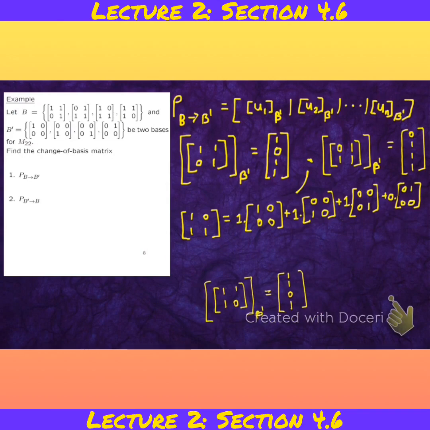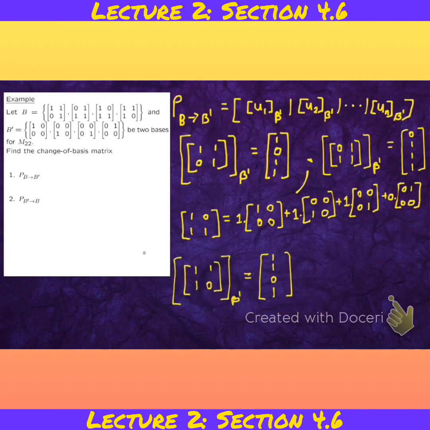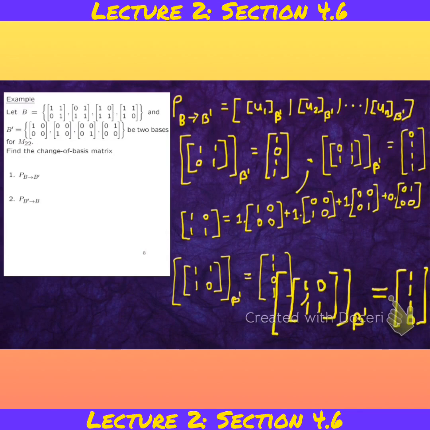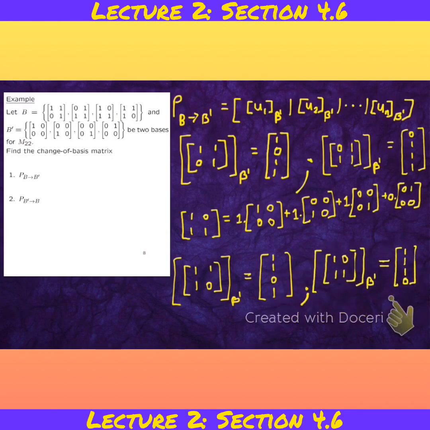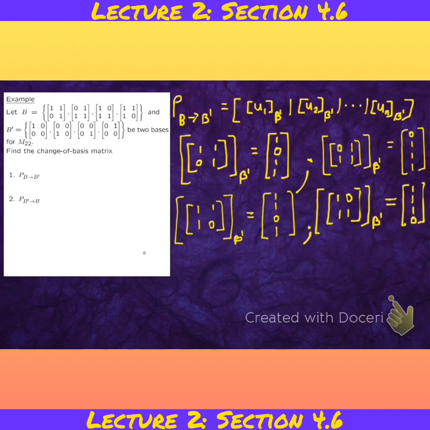Okay, so doing the next one, we get, reading off the values, the coordinate vector with respect to the basis B prime, we get that column vector. Right, now throwing all of that together, we get, there we go.